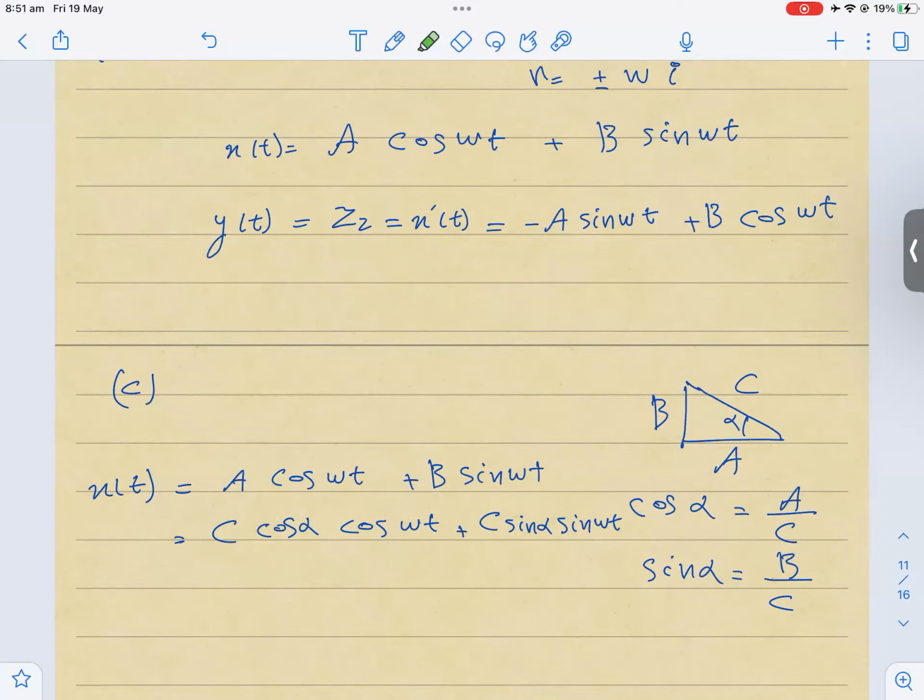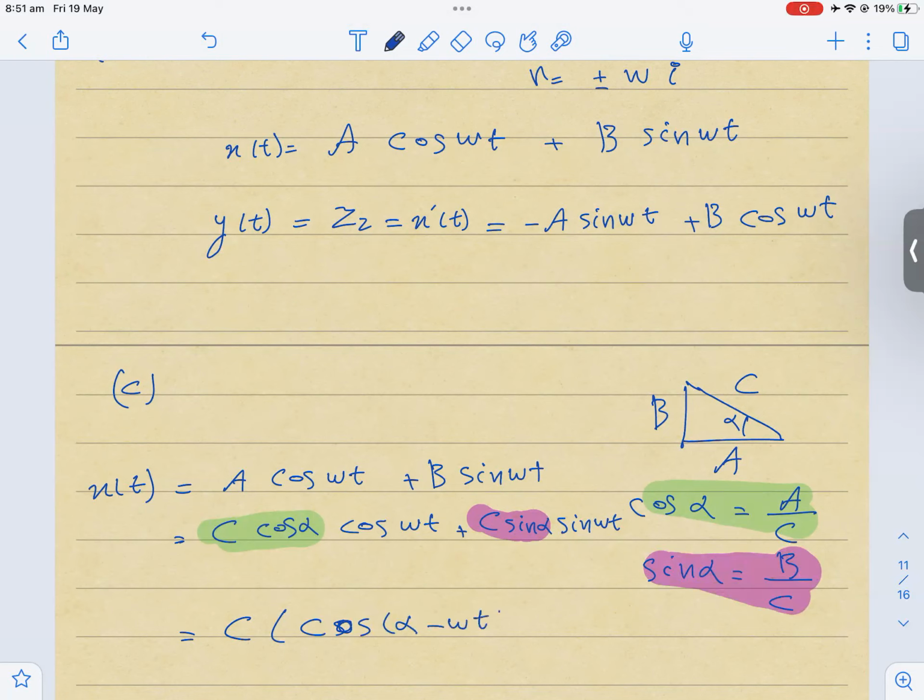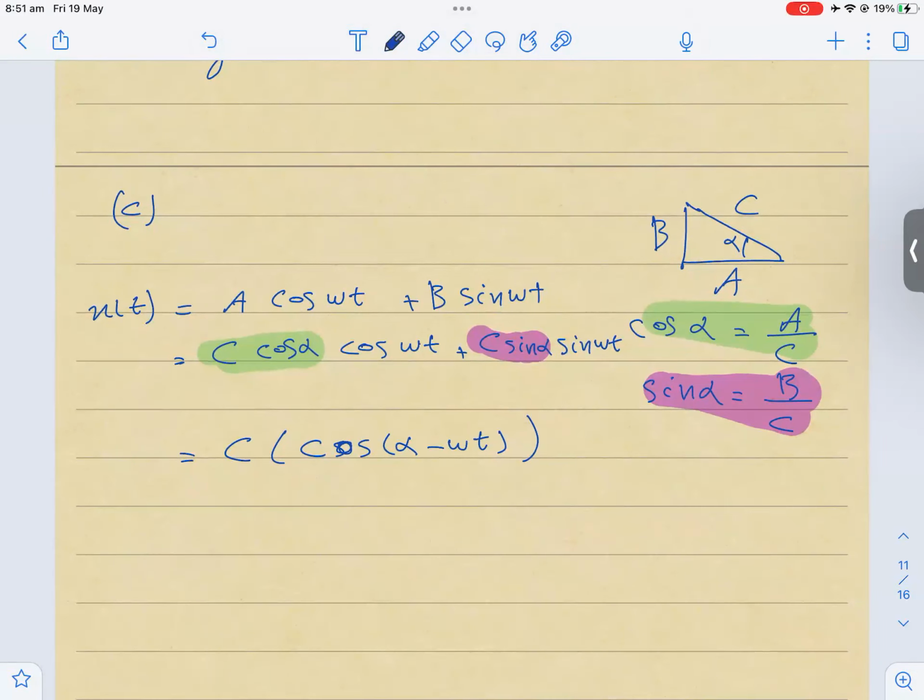So C cos alpha comes from here, and this C sine alpha comes from here. I use the identity related to the cos, which is equal to C times cos of omega t minus alpha.